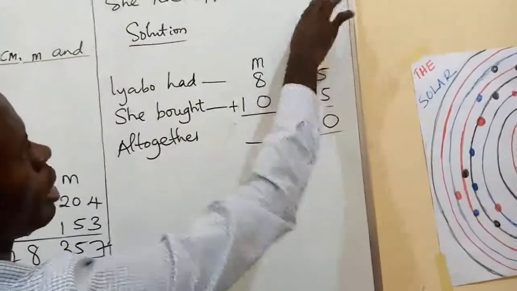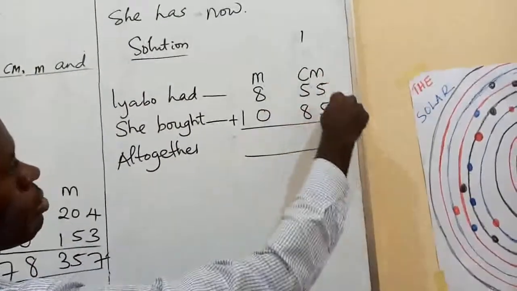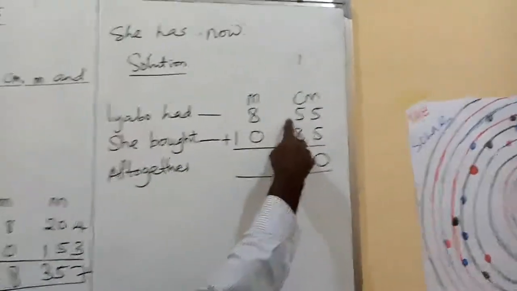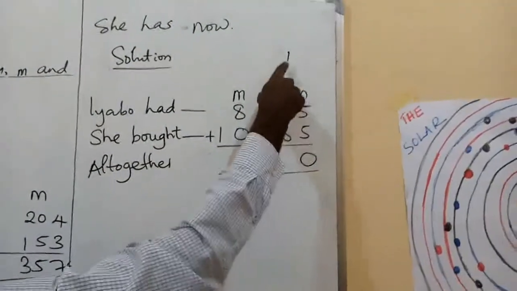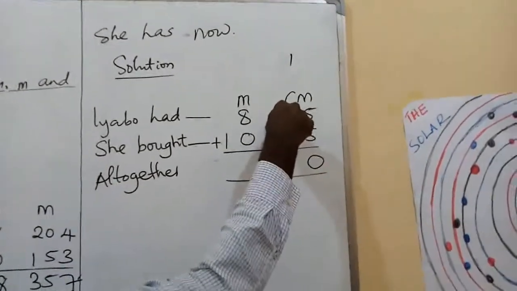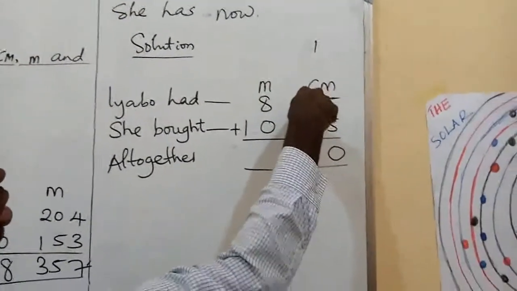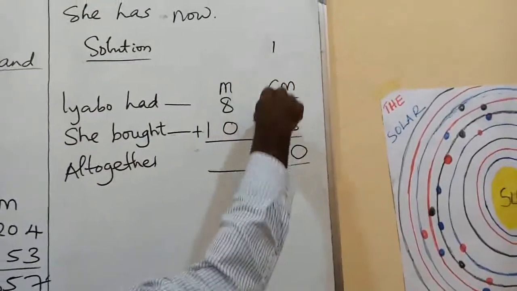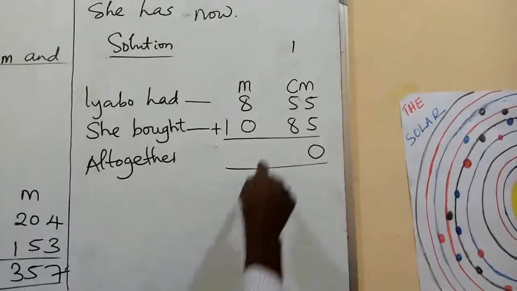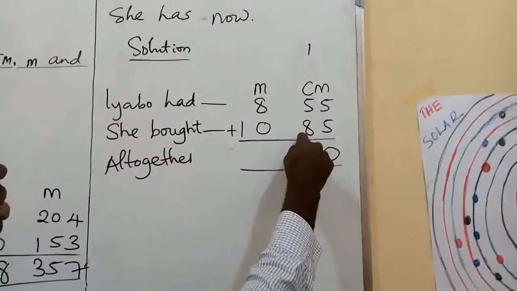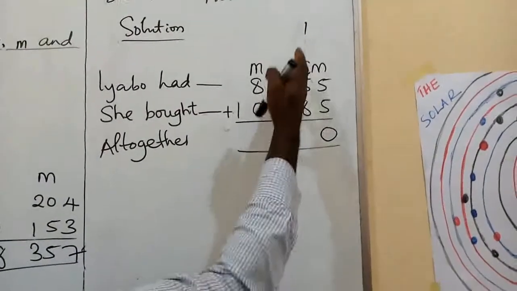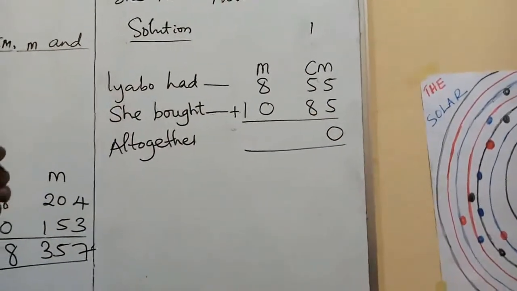Alright, what is here? We've carried over 1 from the unit column to the 10th column. So first of all, add it to this 5. The 1 you carried over from the unit column should be added to the 5 at the 10th column. When you add the 1 to the 5, you're going to have 6. So now you have 6 plus 8. Using your rough work, you count 6 and you count 8 and you add them together.